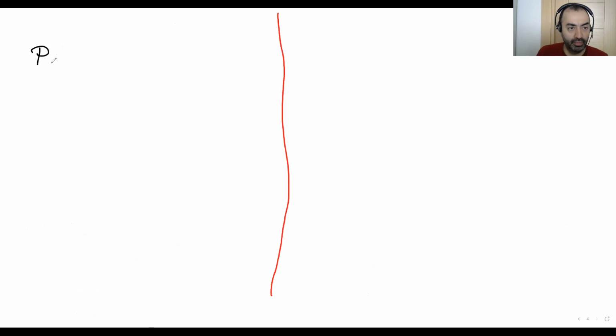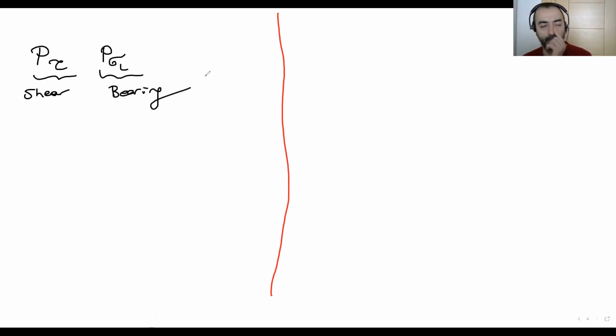Let's combine PT and PGL. We calculated two capacities, P2 and PGL. This is the shear capacity, and this is the bearing capacity of bolts.